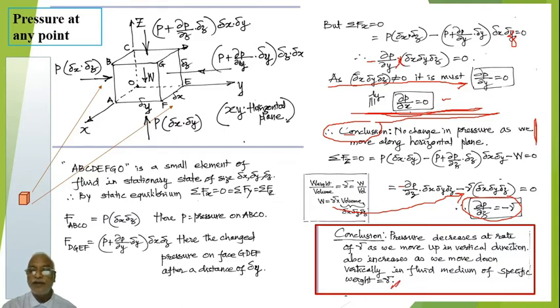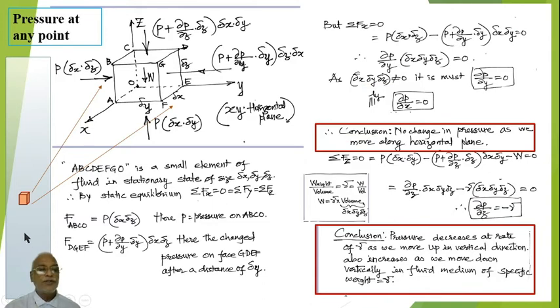If you have a fluid medium having specific weight gamma, if we move up, the change per unit length, that is dou p by dou z, the rate of change of pressure with respect to distance, or the change of pressure per unit height, will be at a rate of gamma. As we move up, it is minus, it decreases. As we move down, it increases.